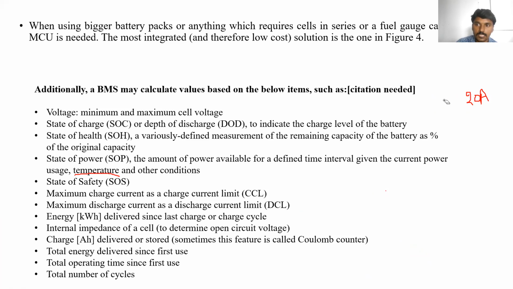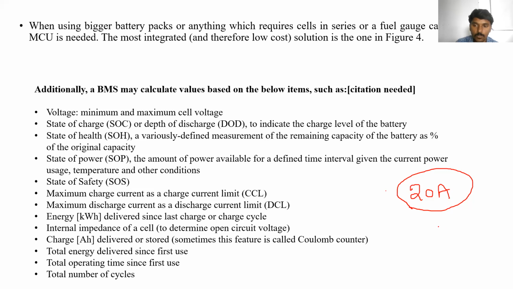Maximum discharging current means, for example, if the manufacturer has provided 20 amperes as the maximum discharge current during the discharge period, and the load is taking 20 amperes from the battery, then there is no issue.